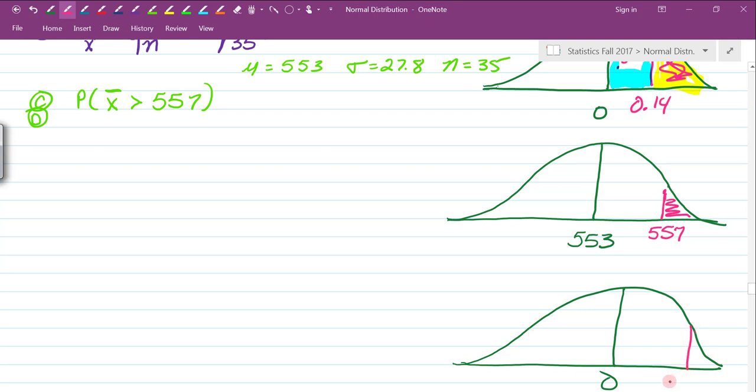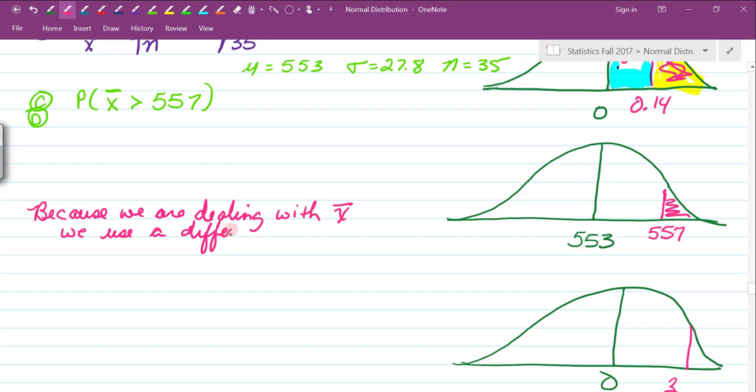So we have a different formula because we're dealing with X bar. Because we are dealing with X bar, the average, we use a different formula for z.